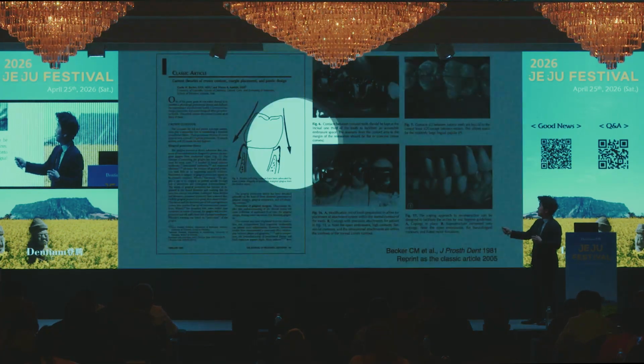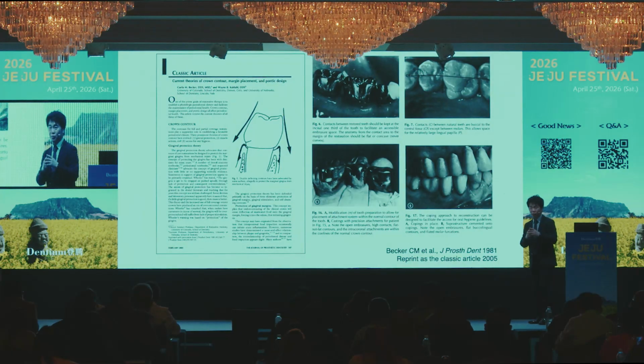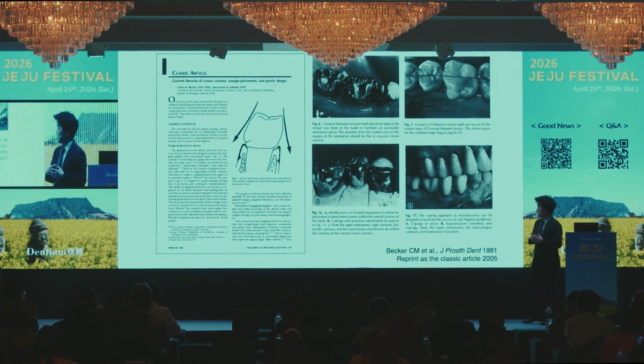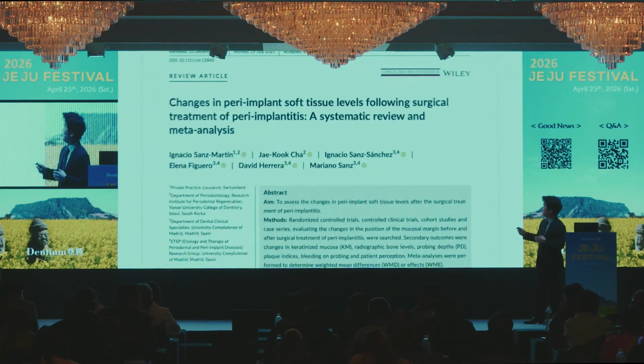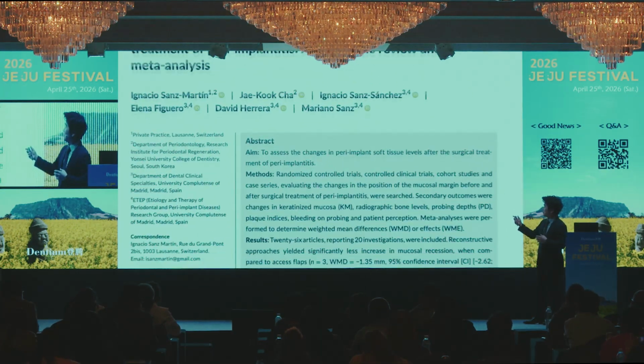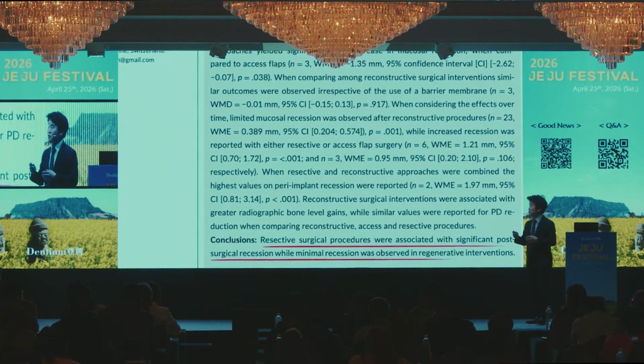Also, the embrasure and the contact point are very important. It is also the same principle for implants, I think. Also, this article is about surgical treatment following gingival recession, following the surgical approach.